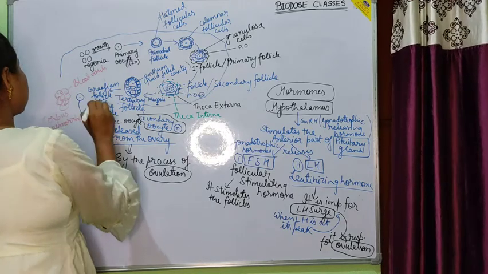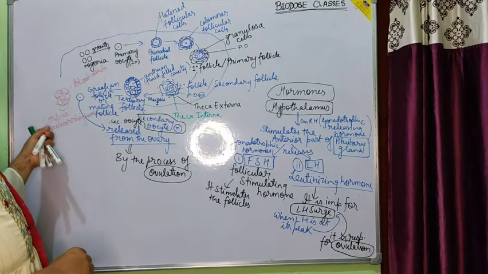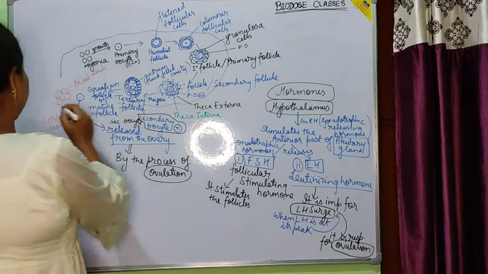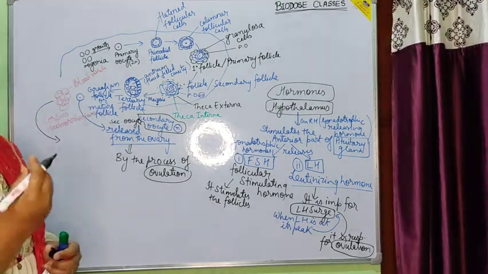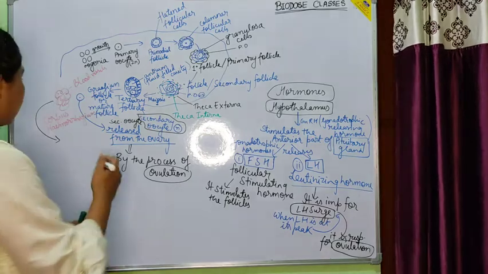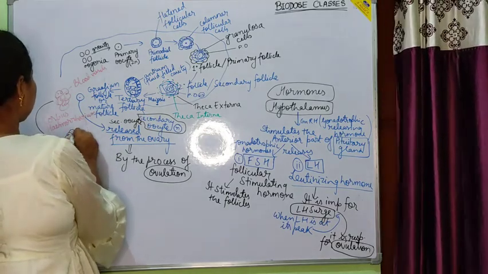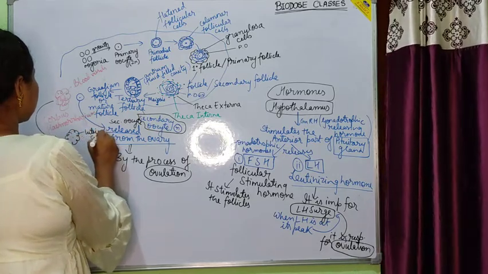So, this structure forms a structure which is known as corpus hemorrhagium, which is further changed because of the presence of special cells, that is called lutein cells, into another structure. These are your lutein cells.